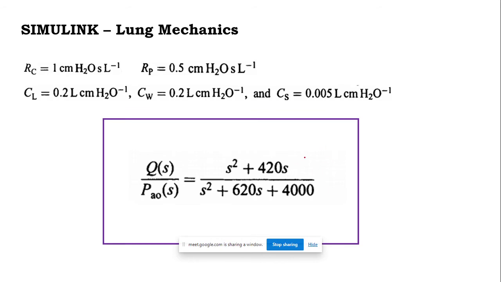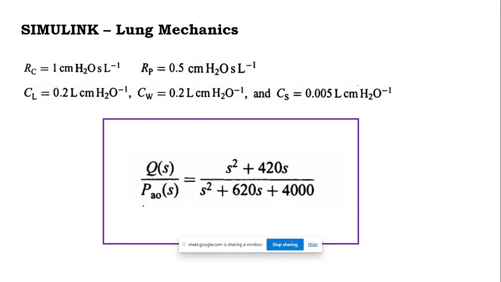See, here they are taking different values, because we are going to simulate this particular lung mechanics. We have taken the RC value, RP value, CL, CW and CS.